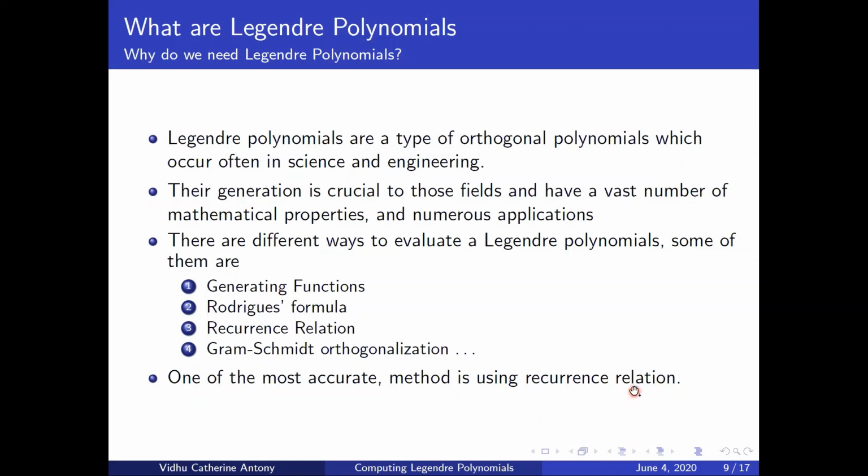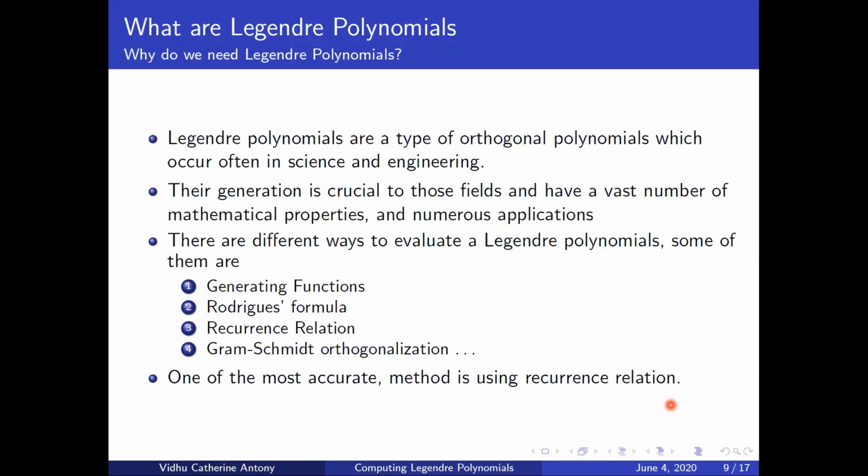Now, why do we use this recursion method to evaluate these Legendre polynomials? You can use this in a computer. All you have to do is make a recursion function, and you can repeatedly find the values using the two seed values. We're going to be discussing that. These are very accurate.